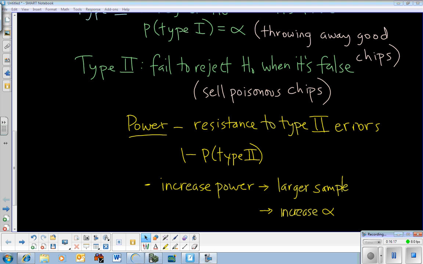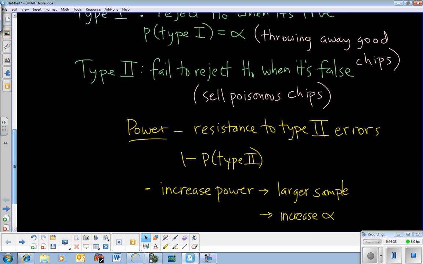So if you reject very few bags of chips, you're more likely to put them out into the stores with some poison in them. If you do 5%, you're more likely to catch that mistake and to reject the batch altogether. But in going from 1 to 5, you have a higher probability of a type 1 error. So it's kind of a trade-off between 1 and 2.